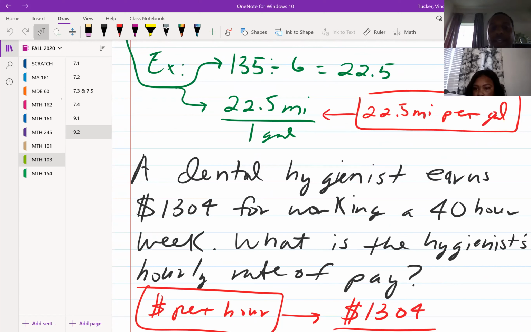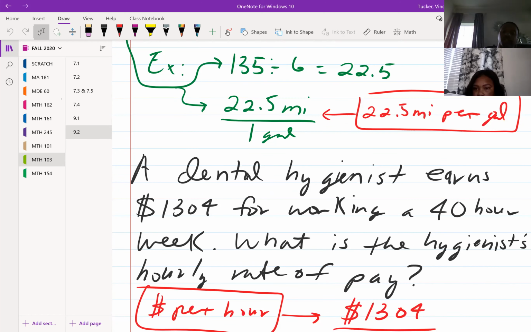All right, a first example. A dental hygienist earns $1,304 for working a 40-hour week. What is the hygienist's hourly rate of pay? So you want to know how much this person makes per hour. We know how much this person makes every 40 hours. We want to know how much this person makes per hour, every 1 hour.